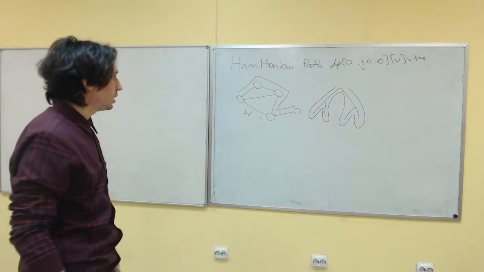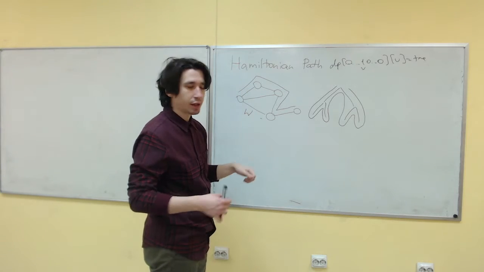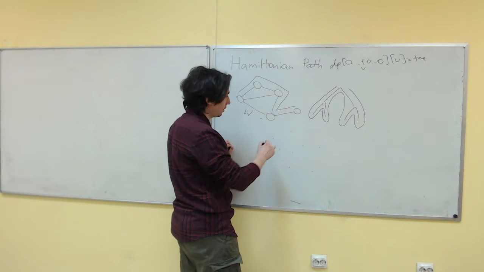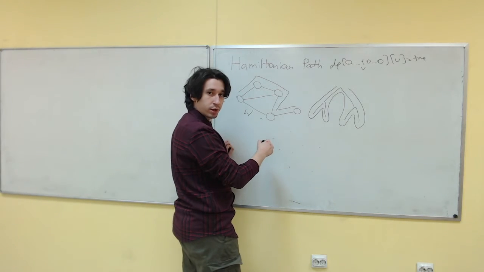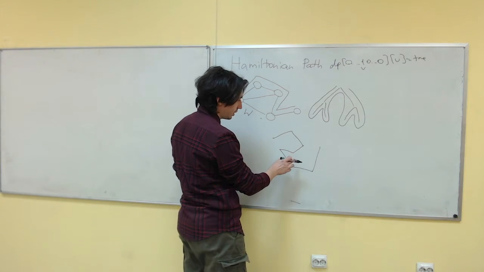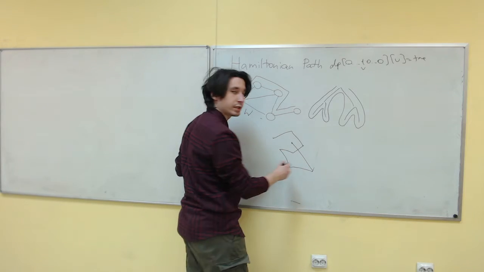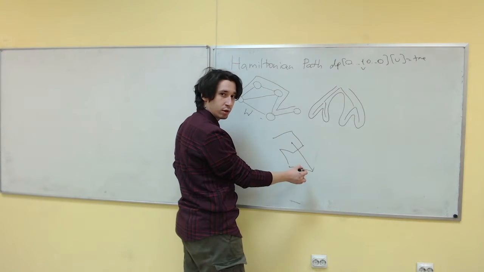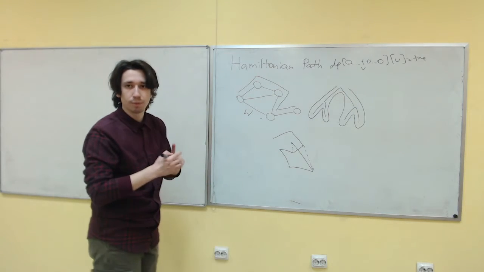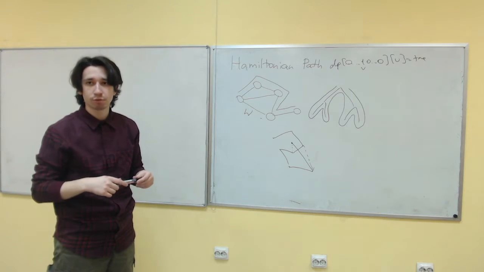For example, if you want to find exactly the Hamiltonian path, and you have vertices on a plane, and the weight of an edge is the distance between two points, then there is an interesting algorithm that takes any path, and if it intersects somewhere, it's better not to have this pair of roads but this other pair instead. So we change crosses to parallel lines, and this appears to give a good approximation.